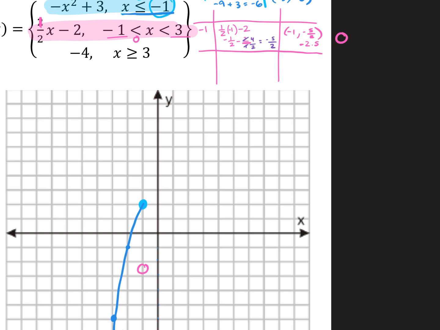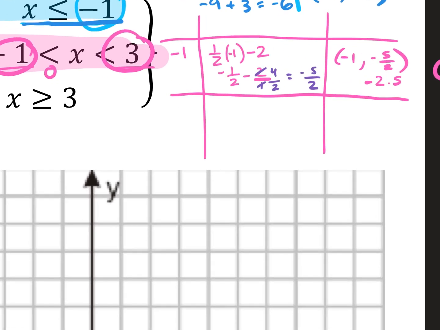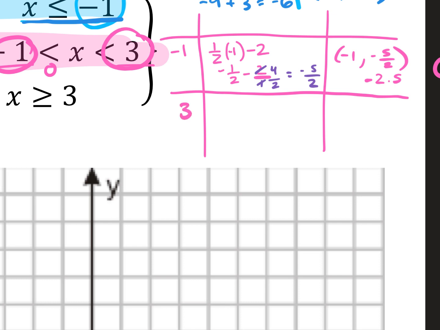Now we know that this is going to be a straight line because we said it's in the form of y equals mx plus b. So I only need 2 points. So what's another number I need to plug in here? 3. It gave us the 2 numbers that we should plug in. So let's plug in 3. So I have 1/2 times 3 minus 2.